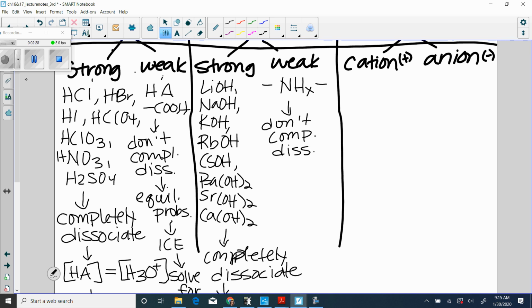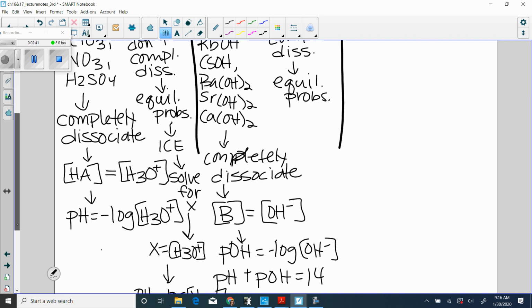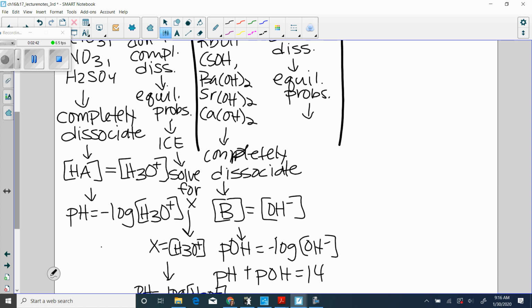We call that X. X tells us how much the change is. These are equilibrium problems. They're ice tables. We solve for X, just like we've always done.